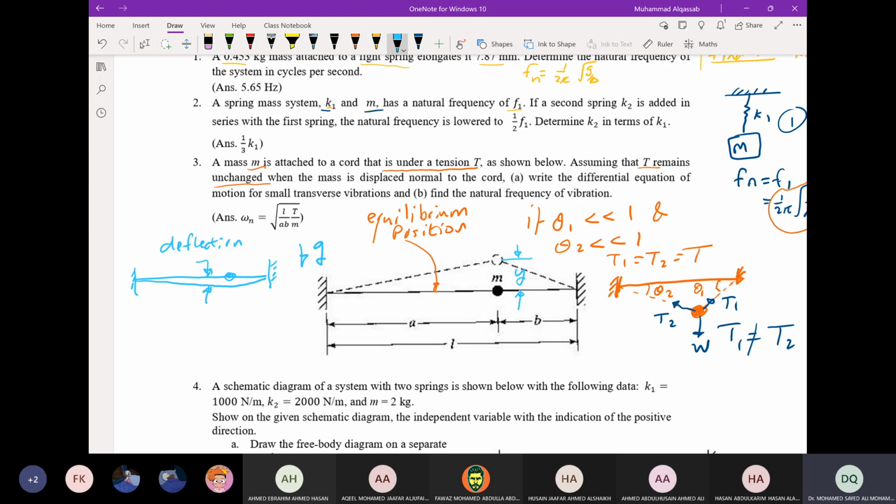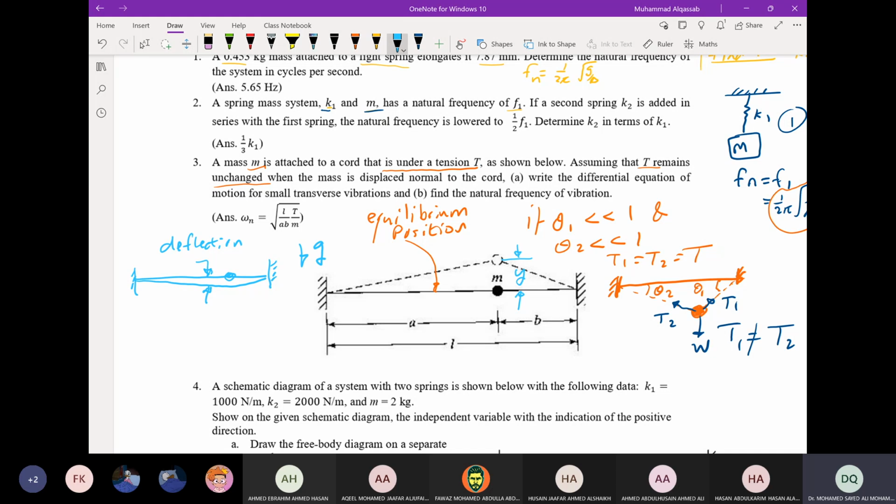So we only consider the changes that happen during vibration. Okay, you can see what we are doing is coming up with a model same as the spring mass system, which is a single degree of freedom. But in fact, this is more than a single degree of freedom.